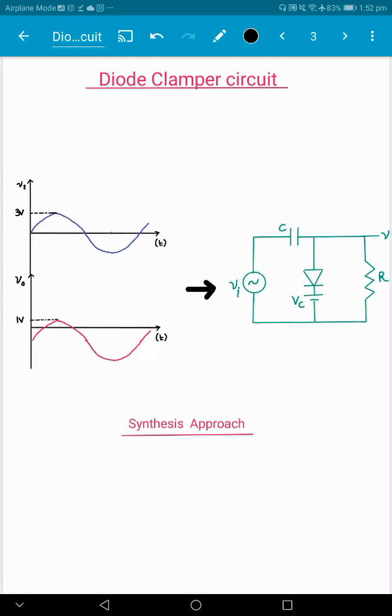An alternative approach is called the synthesis approach, where we start with the problem and we try to construct the solution in a step-by-step manner.